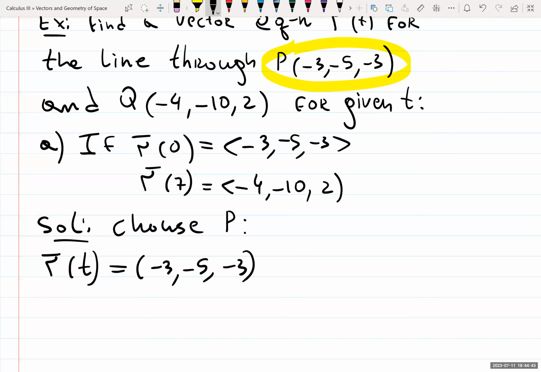I chose that point P. And now I will have the slope times t, right? So we always have this idea, mx plus b, that's how I still remember that, like we have this from the previous materials. Okay, so the point is already here. What is happening with the slope?